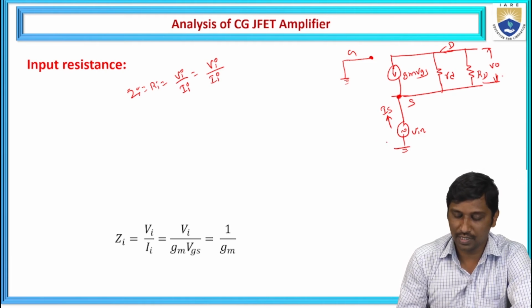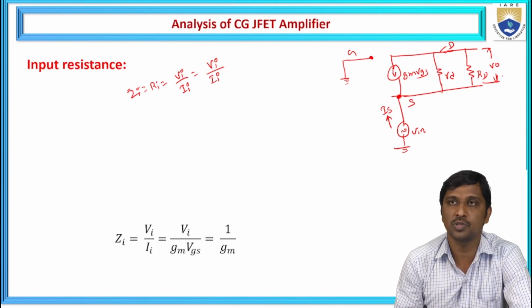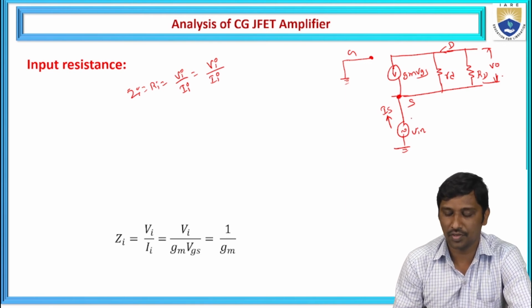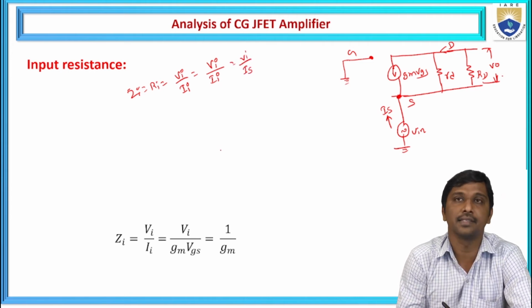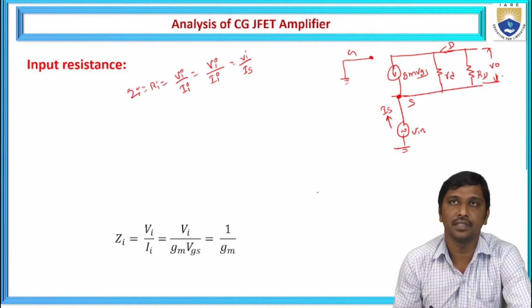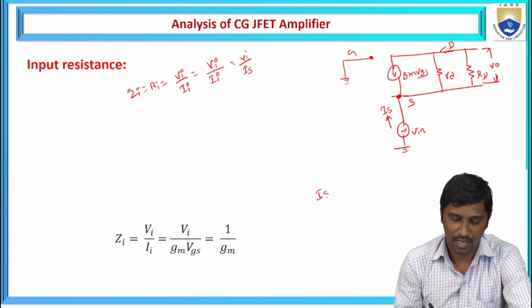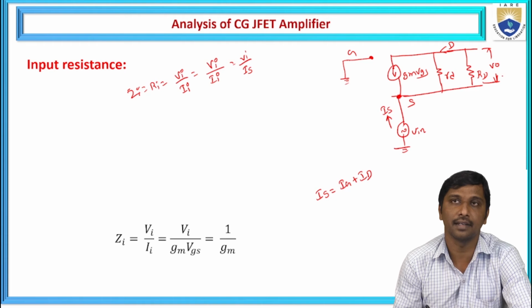The input current is the current flowing in the input side, since the input source is connected across the source terminal. Hence, the input current Ii is represented as Is. And from the construction of the FET, we know that the source current is the summation of gate current and drain current.